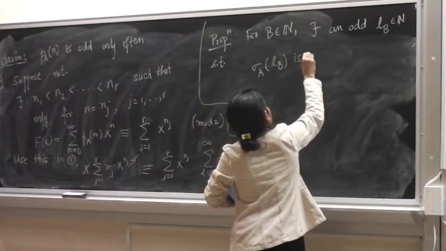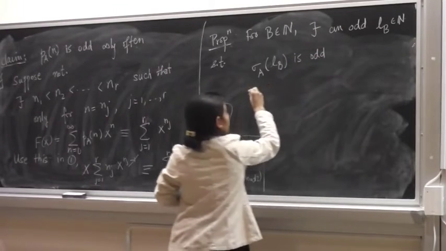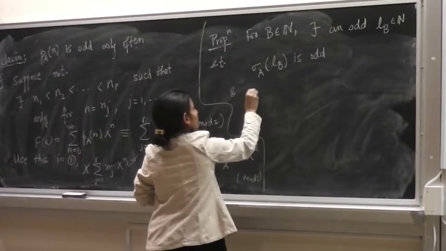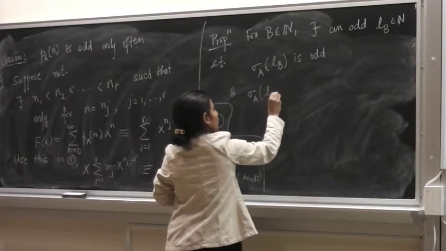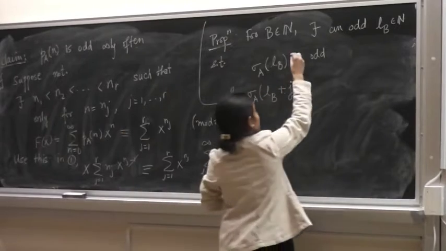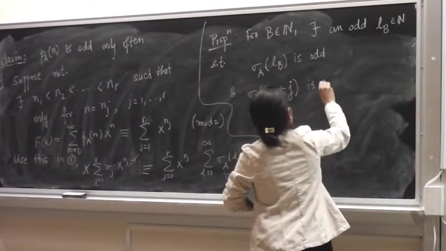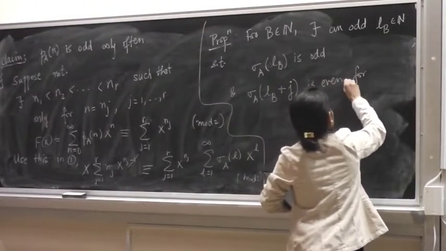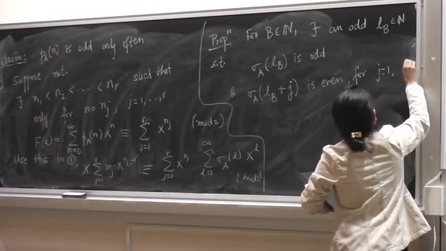So this is odd, or congruent to 1 mod 2, and it's even after this, up to a chain up to this b. So this is even for j starting from 1 to b.